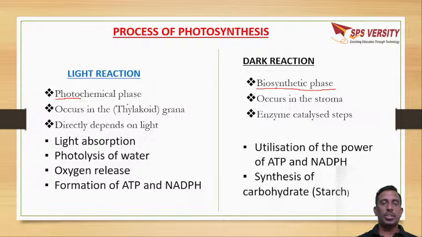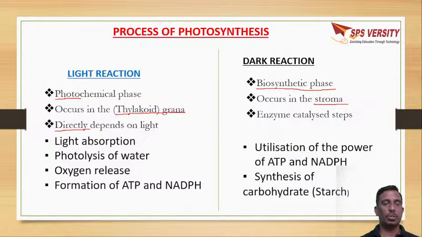Where does the light reaction take place? In the thylakoid grana. Where does the dark reaction take place? In the stroma. The light reaction is directly dependent on light. The dark reaction is independent of light and is catalyzed by many enzymes.